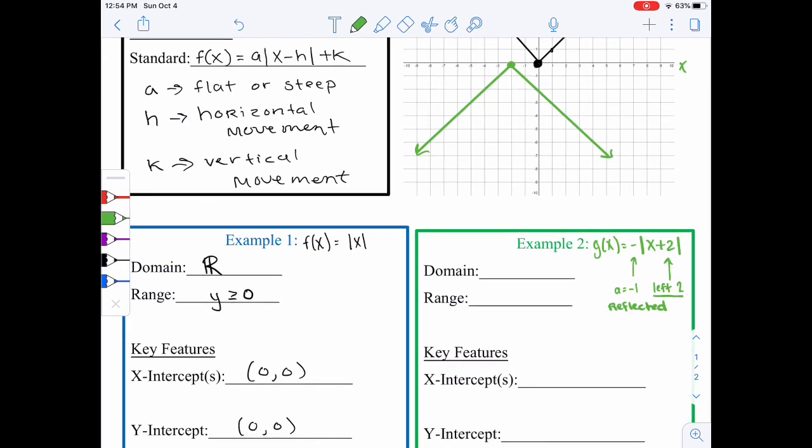Now let's fill in some key information. Its domain is once again all real numbers, but now its range is all y's less than or equal to 0.